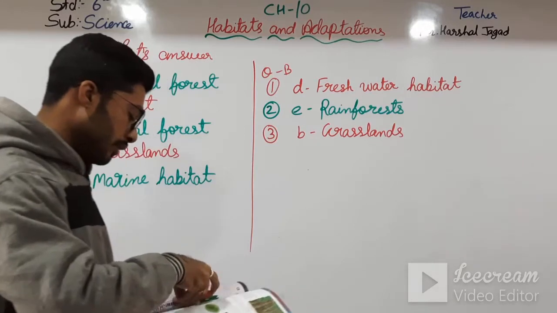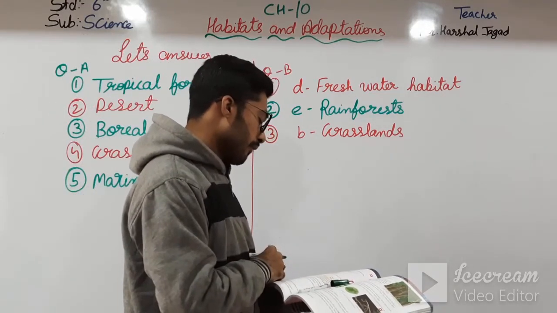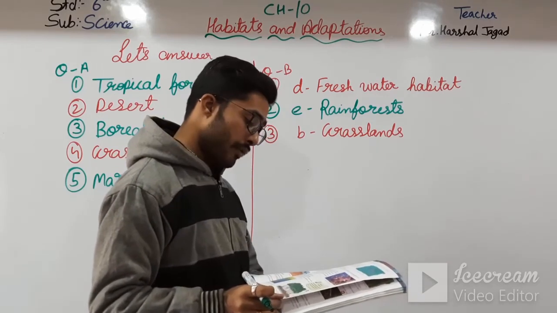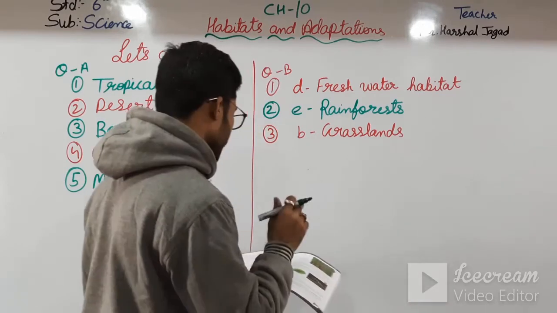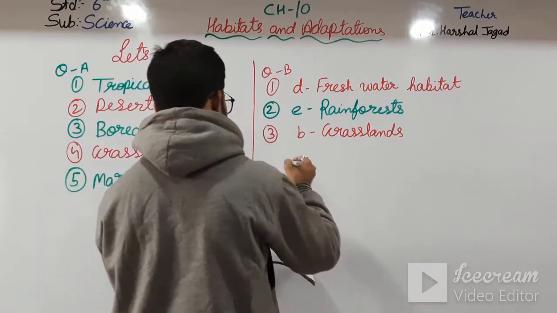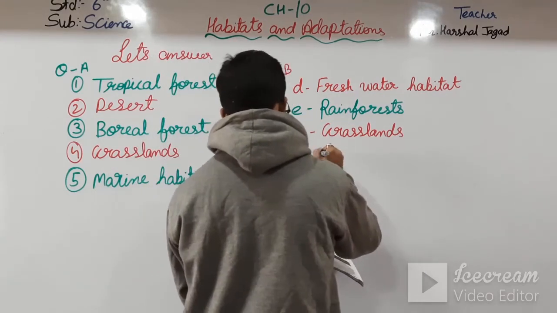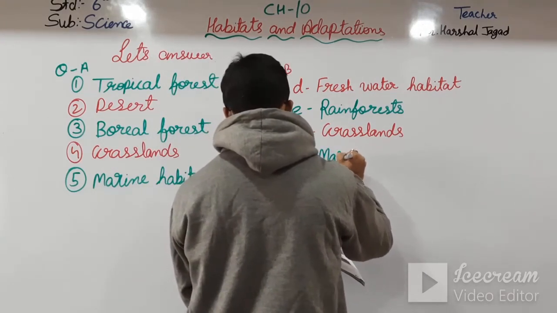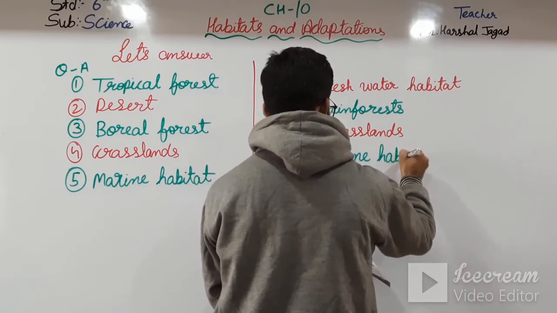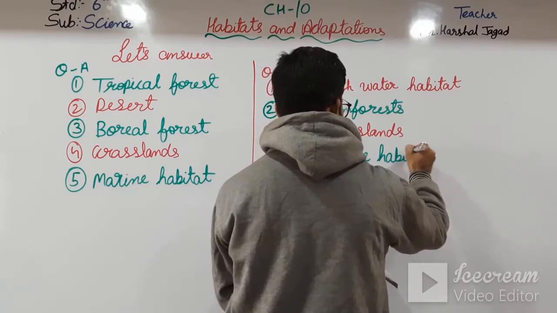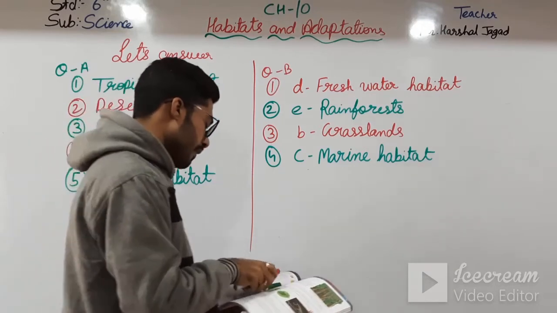Fourth one, coral reef. Where are coral reefs found? Coral reefs are found in the marine habitat, that is C. Then the fifth one, mangroves.